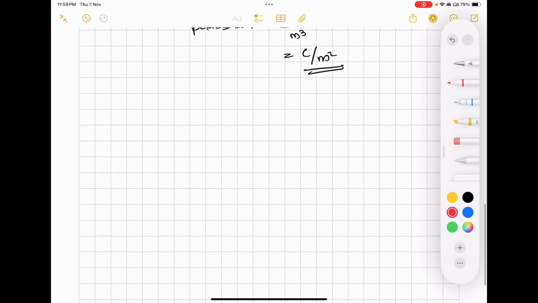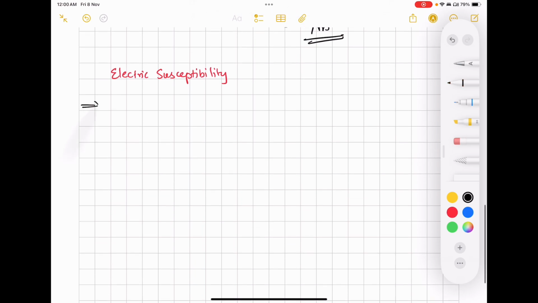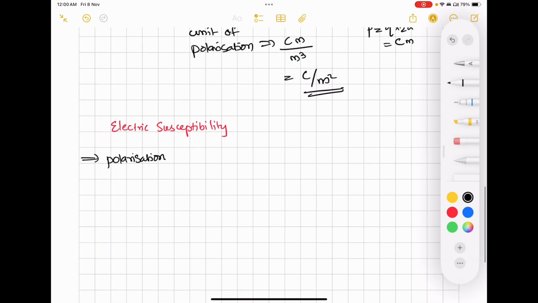So now we can study electric susceptibility. We know that polarization is directly proportional to electric field.